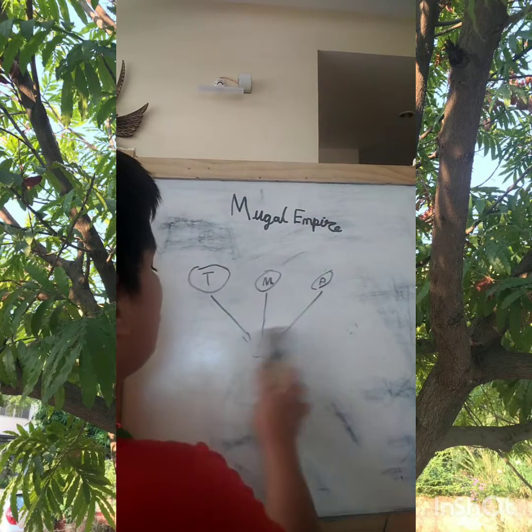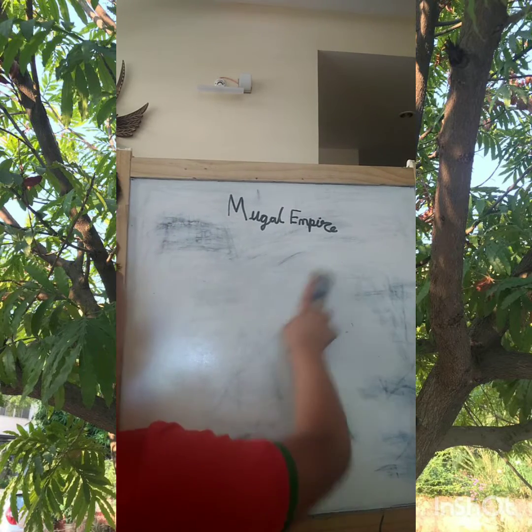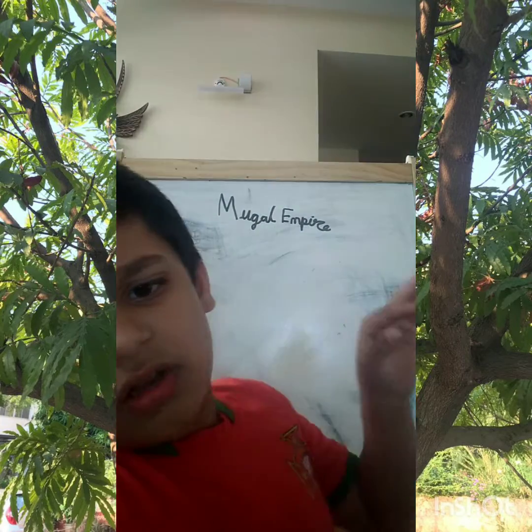Now, there was another Muslim kingdom nearby, and that Muslim kingdom was the kingdom of Delhi Sultan. The Delhi Sultan were three kingdoms, and right now they were in the third kingdom, which is the third region of the kingdom.